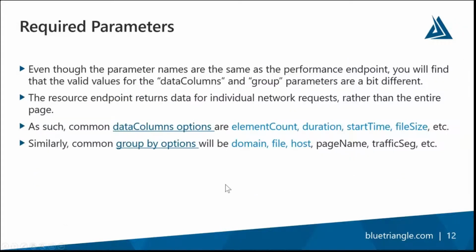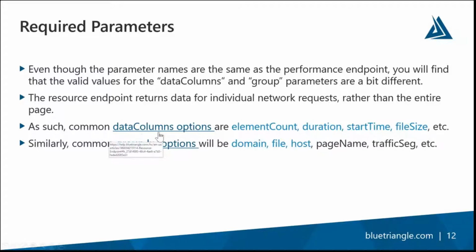But just a quick note: even though the parameter names are the same, the values for the data columns and the group parameters are going to be a bit different. The resource endpoint is data for network requests. This is performance information for domains and files, not the entire page, right?